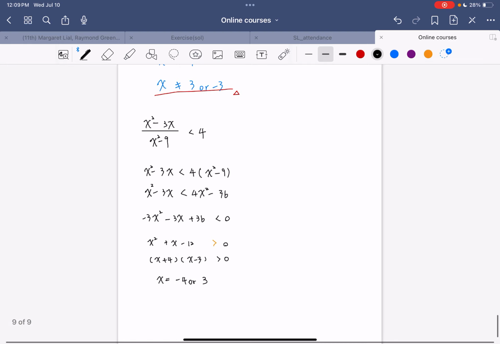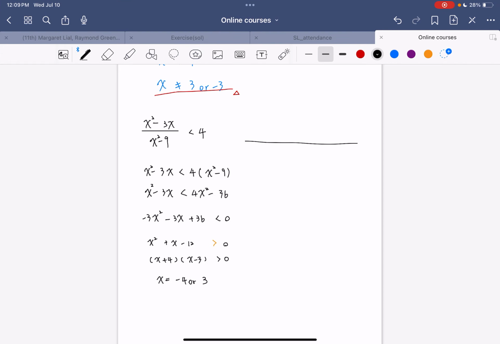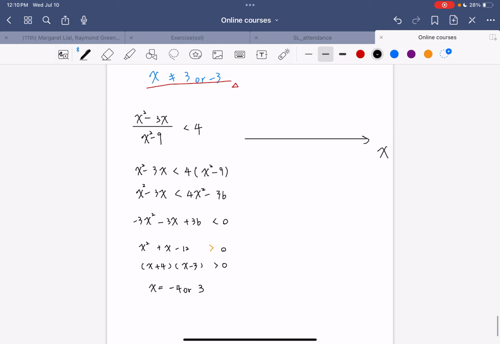So at here we already get that x could not be 3 or -3. It provides us 2 points. And then here we also got 2 points. So we draw them all on the number line. It's an x. We got -4 from the smallest to the biggest: -4, -3, and 3.